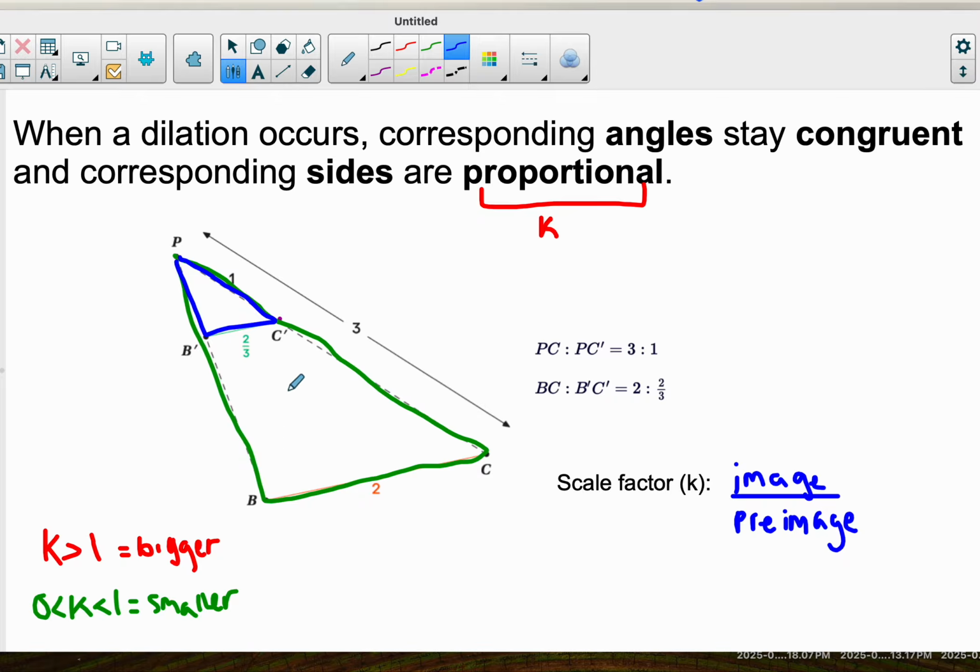But if the numbers were a little bit tricky to see just from looking at them, like on these two corresponding sides over here, the 2/3 and the 2, one way that you can always find what the scale factor is is to take a side from the image and divide by a corresponding side from the pre-image. So here, a side from the image would be 2/3, and its corresponding side from the pre-image would be 2.